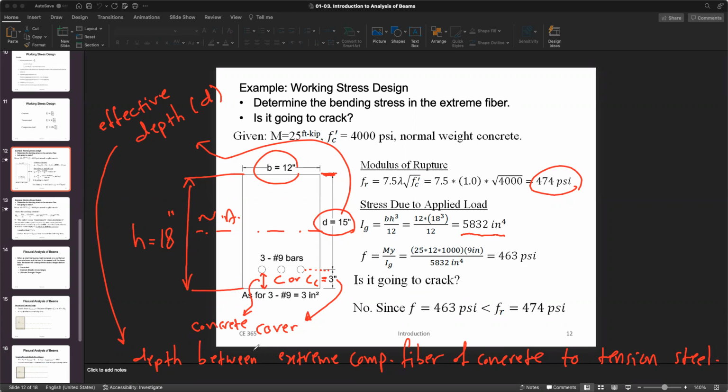So concrete cover would be the distance or height between the end of a steel and the concrete edge.